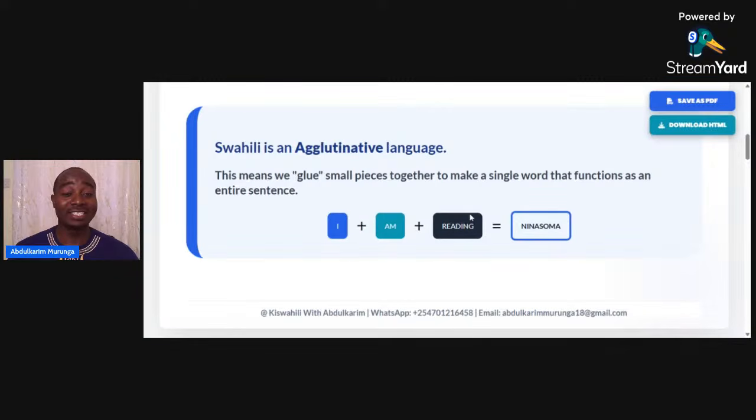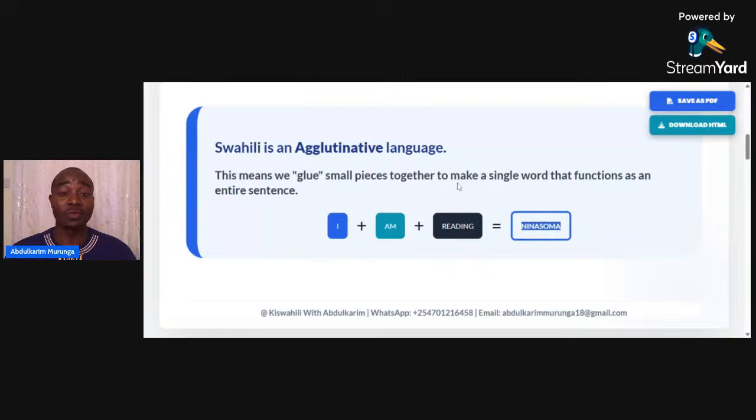How many words are these? These are 3 words. And this simply means Nina soma in Swahili, 1 word. Ni na soma. I am reading.